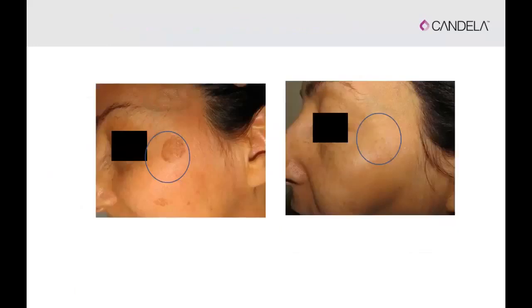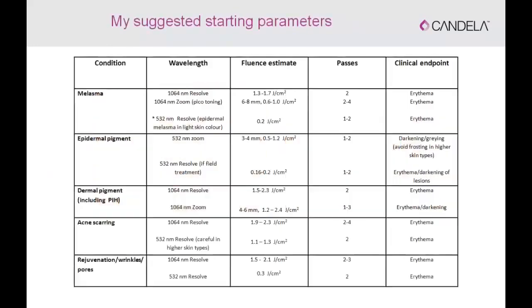So, for example, if I'm using it for melasma, I always start with the 1064 Resolve handpiece, and these are the fluence estimates that I start with. I do a couple of passes, and my clinical endpoint is erythema, and after that I do the picotoning with a large spot 1064 at lower fluences, with multiple passes, somewhere between 2 to 4, judged by the clinical endpoint.